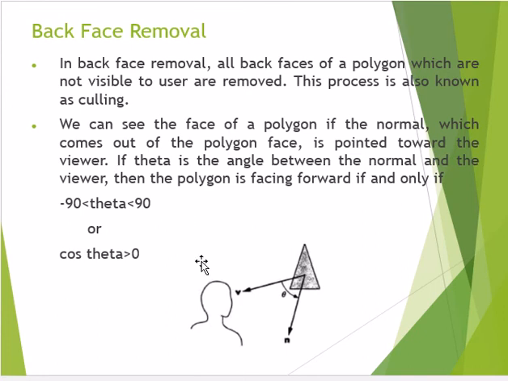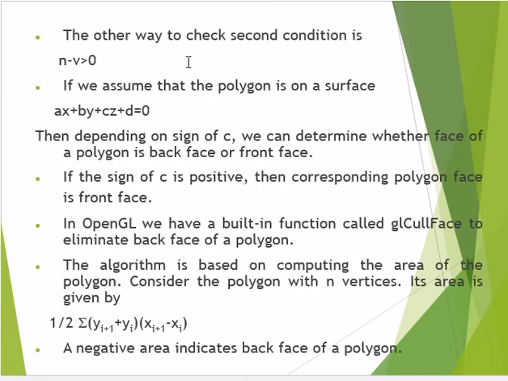That is, if theta is the angle between the normal and the viewer, then the polygon is facing forward if and only if theta is between minus 90 and 90, or cos theta is greater than 0. Or else we can also check the second condition, that is n dot v is greater than 0.